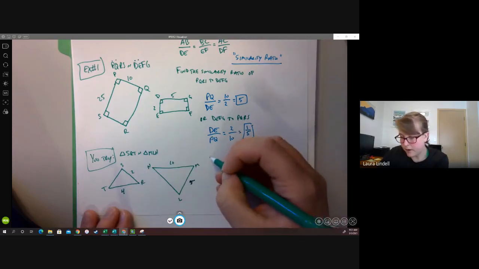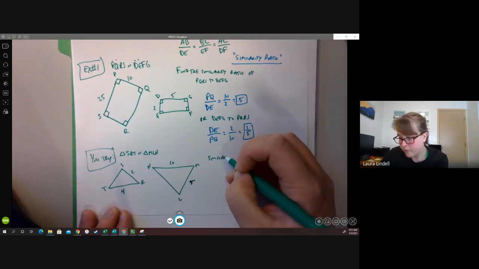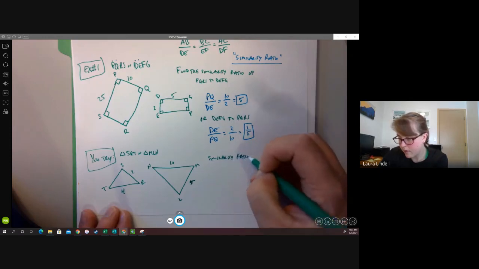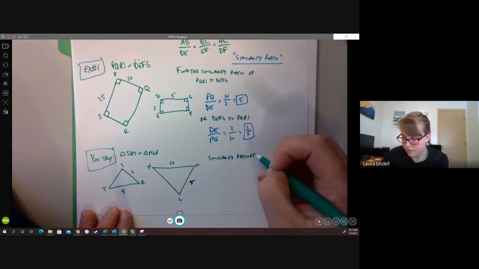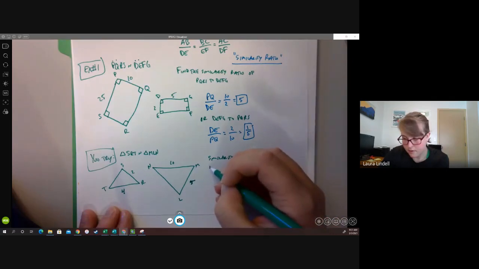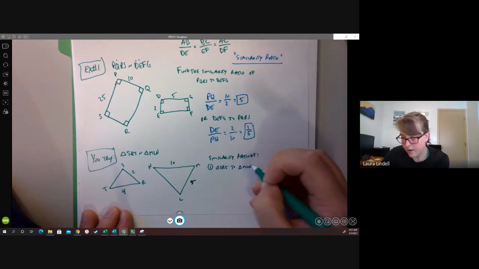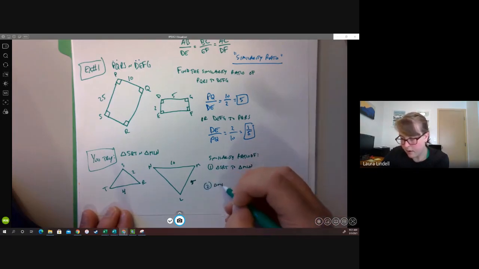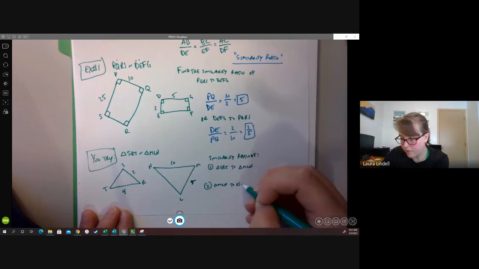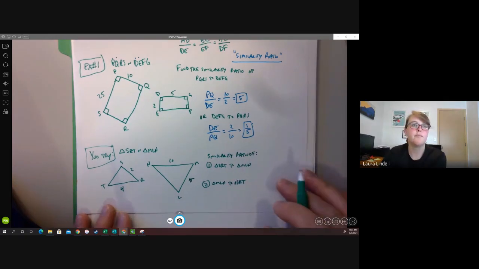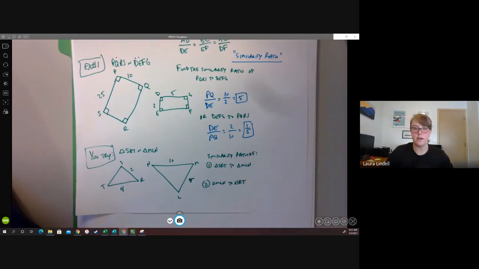And we want to find the similarity ratio of, first we'll find triangle SRT to MLN, and then MLN to SRT. Okay, so go ahead and give those a try. When you think you've got it, type "got it" in the chat. And we'll talk about it then.